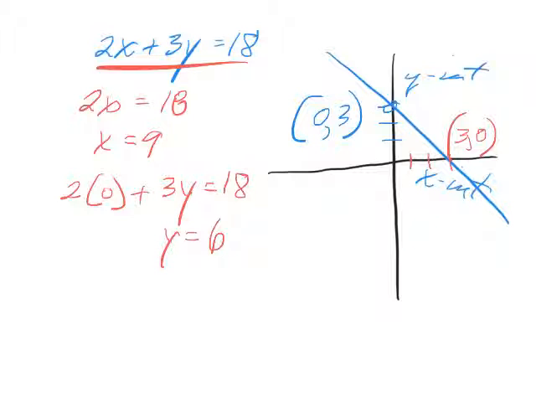The values I wrote up here earlier were not accurate, just drawn roughly, but for this equation, x is 9, y is 6, draw a straight line, and you're good to go.